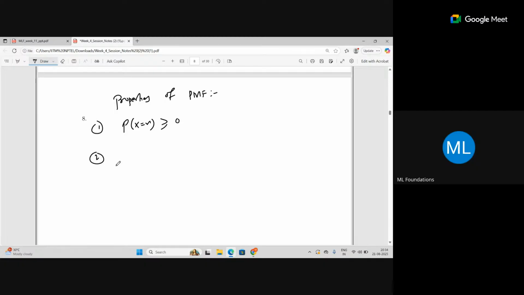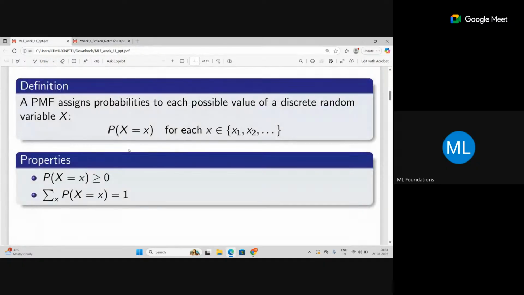Second, the sum over the range of values taken by the random variable of the probability that X equals x should be equal to 1. Is that fine? Any doubts so far? No, right? Okay.